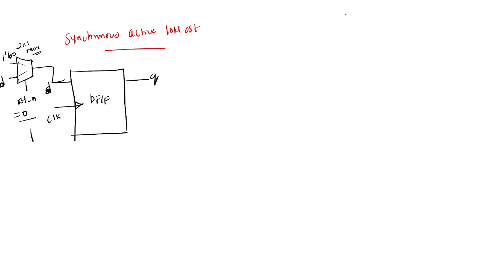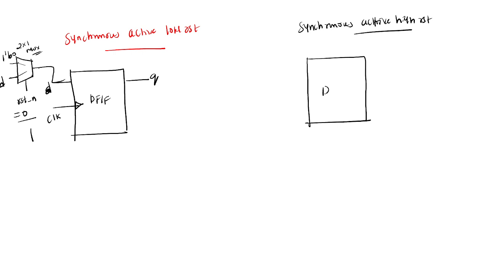And coming to the synchronous active high reset. Synchronous active high reset means what? This is my D flip flop, and here you need to connect a 2 cross 1 mux.